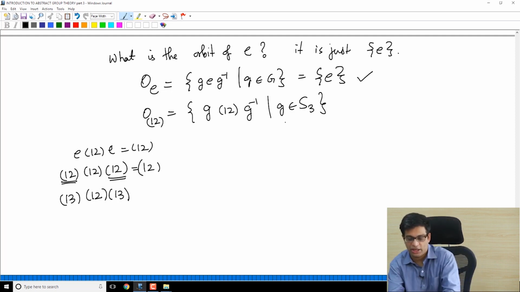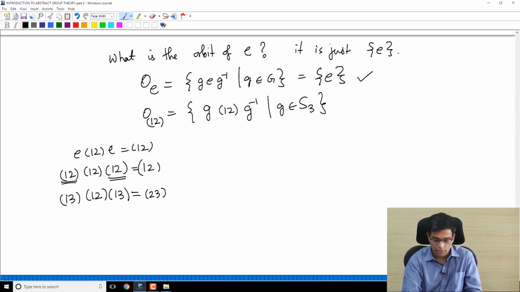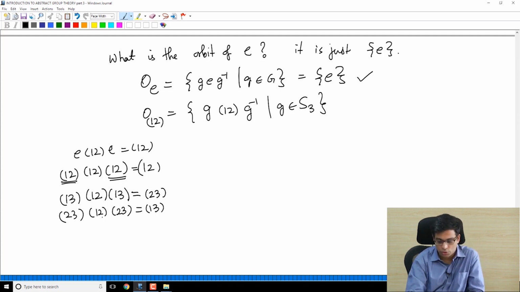Doing the calculation quickly, the result is (2 3). Similarly (2 3)(1 2)(2 3), because the inverse of (2 3) is again (2 3). I will let you calculate this quickly. It is (1 3), because 1 goes to 2, 2 goes to 3, 3 goes to 2, 2 goes to 1.